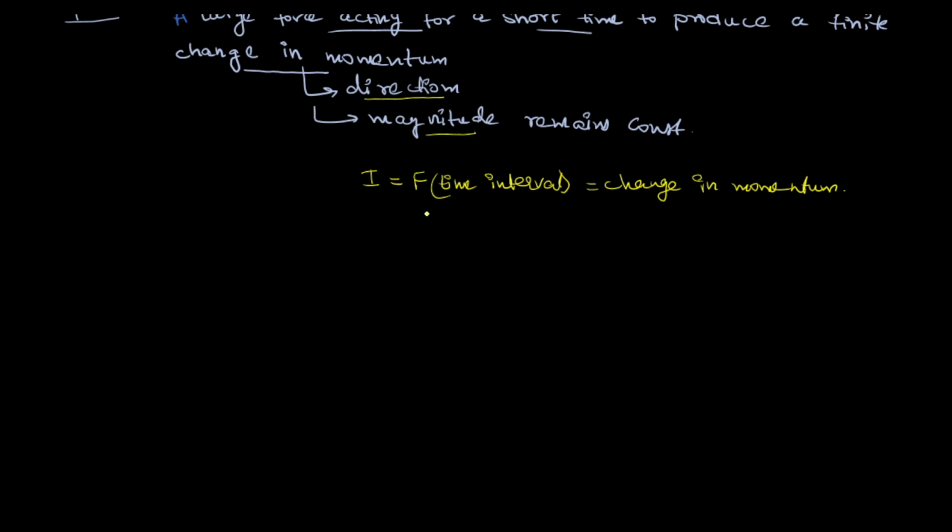Whenever you apply a force, for example, I'm taking a ball. Here I'm considering a ball, and I have thrown this ball with some force F. What happens? This ball strikes this wall and will bounce back, with the same force but in opposite direction.